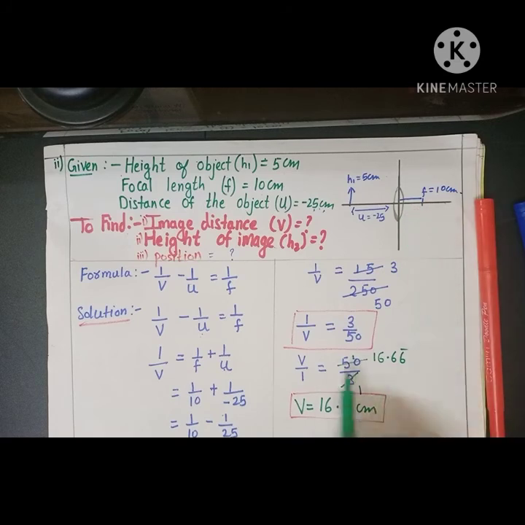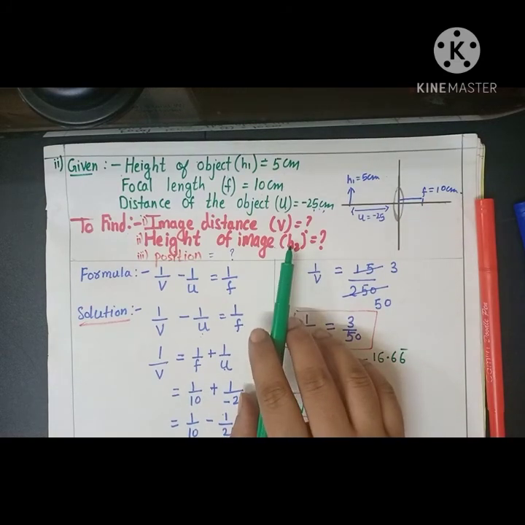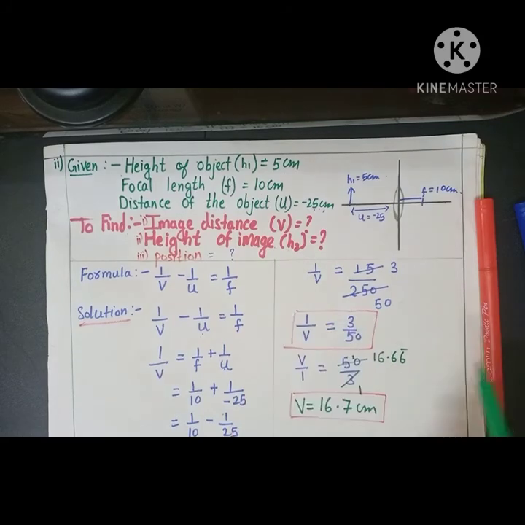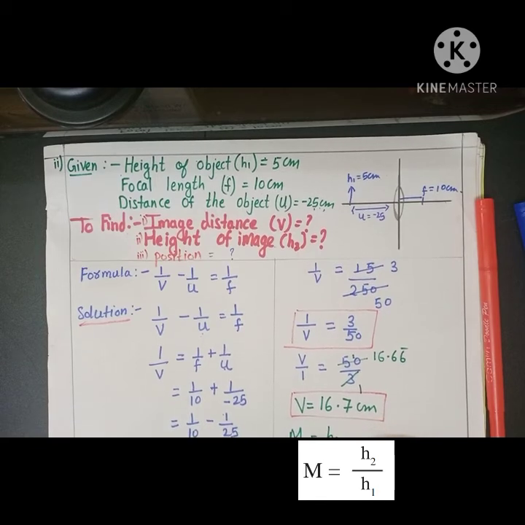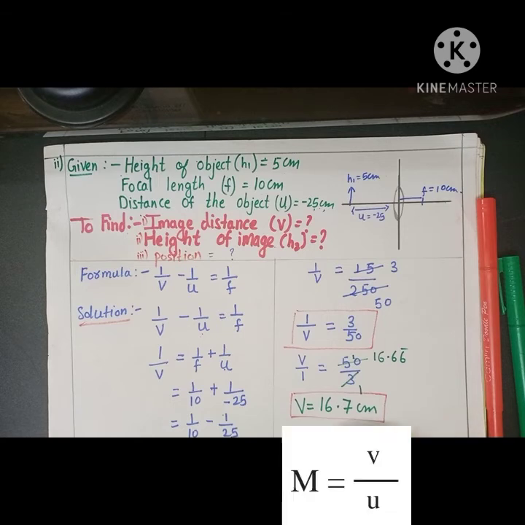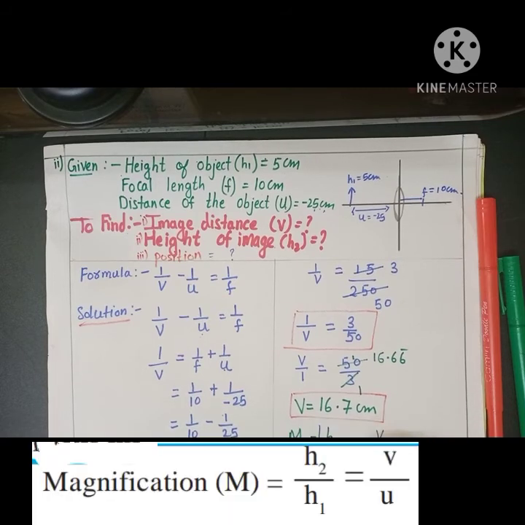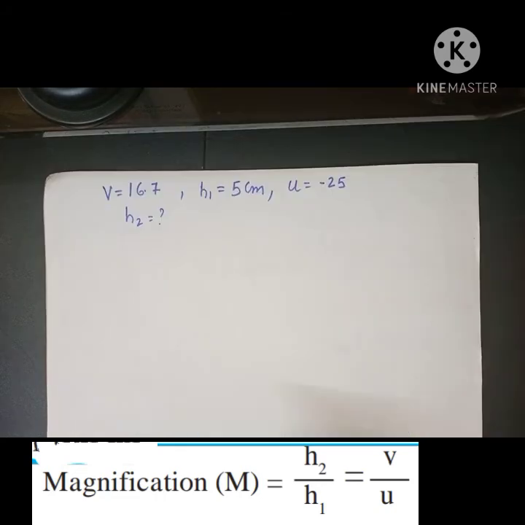Now student, for this we have to calculate magnification. We know formula for magnification, m is equal to h2 upon h1, and we also know magnification is equal to v upon u. So considering this formula h2 upon h1 is equal to v upon u, when you will substitute, we get value of h2.